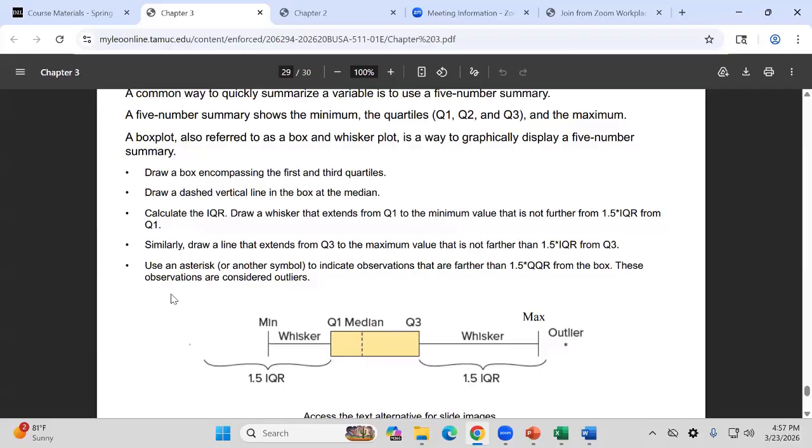And then from the first quartile value, you want to minus 1.5 times IQR. From the third quartile value, you want to plus 1.5 times IQR value. If a data value is outside of this range, we consider it as an outlier of the data set.